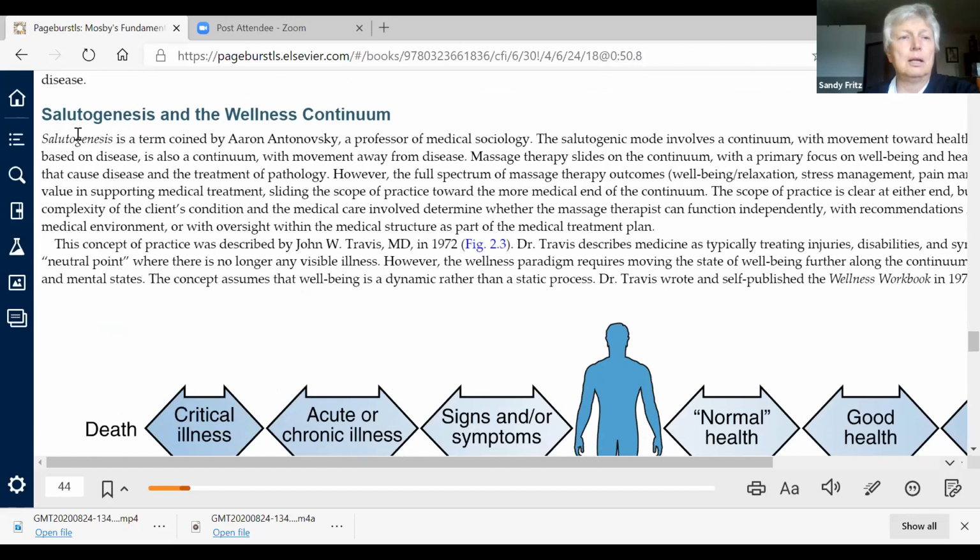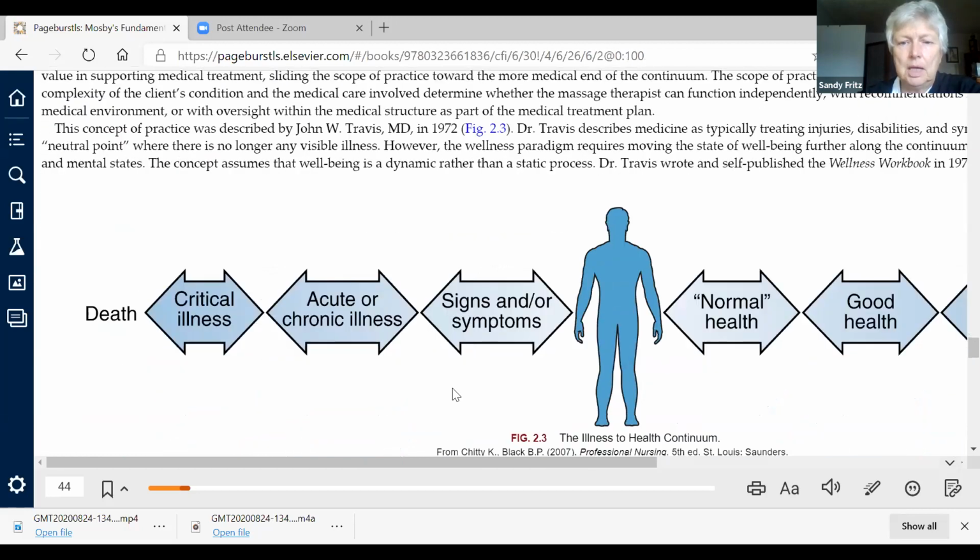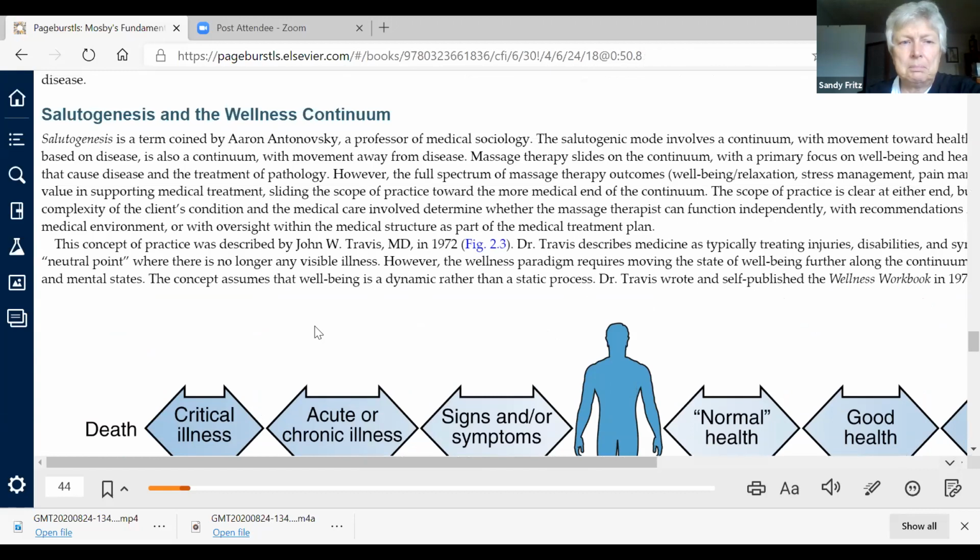Now, salutogenesis and the wellness continuum, this has been around a long time, and it's coming forward again through public health and quality of life.